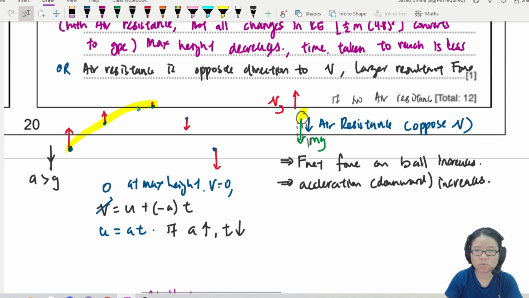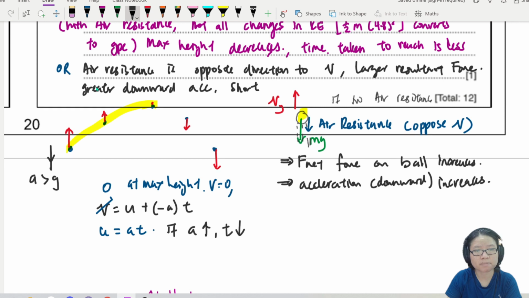This question should be more than 1 mark. I think maybe they typo the marks. They shouldn't give the front part that many marks. Anyway, larger resultant force, so greater downward acceleration, so shorter time. All right, so that's the gist of it.